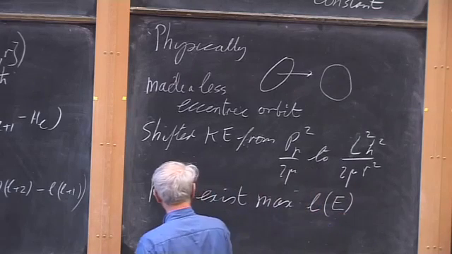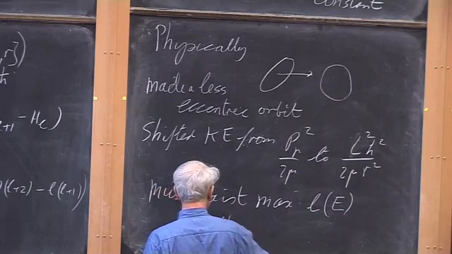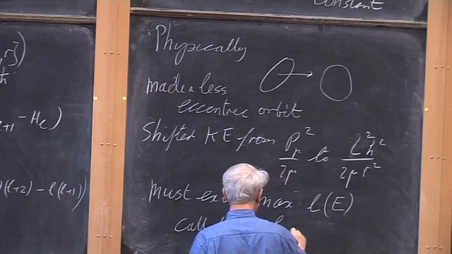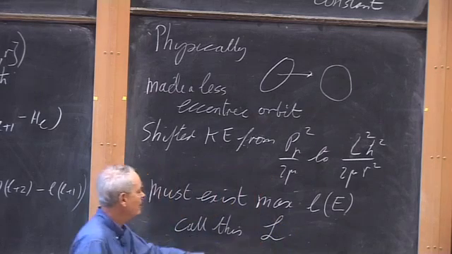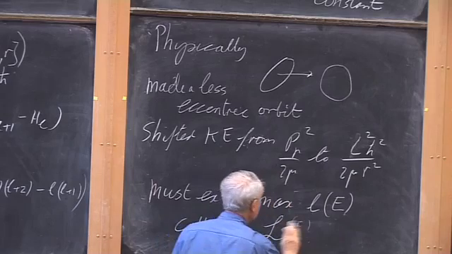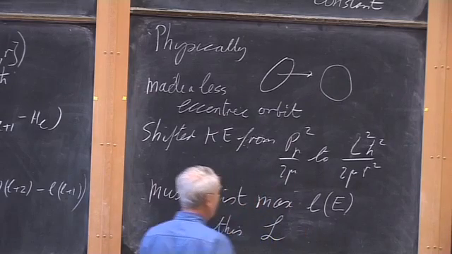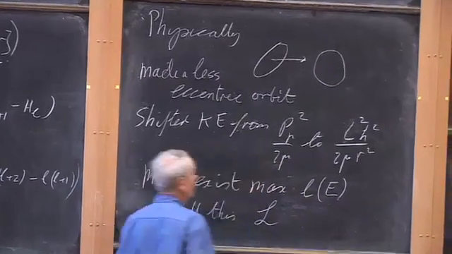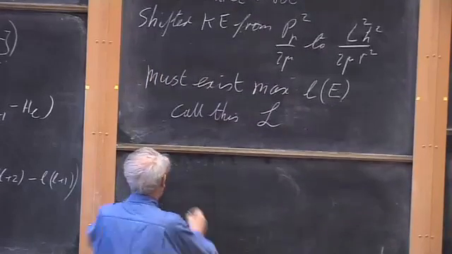We'll call this curly L, right? This is the maximum angular momentum, and it is a function of energy, but we won't write that it's a function of energy. But we're going to find out what function of energy it is. So what does that mean?